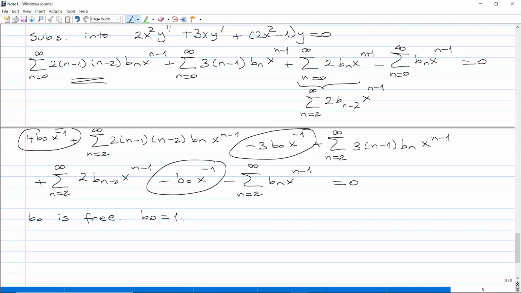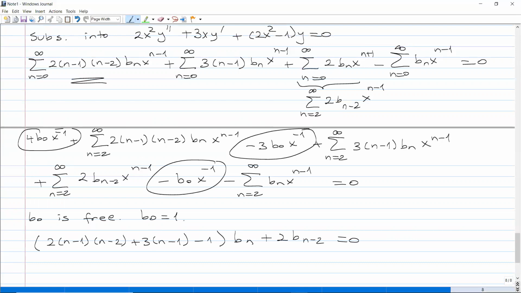Now, when you collect the terms in the other series, the coefficient of x to the power n minus 1 becomes 2(n minus 1)(n minus 2) bn plus 3(n minus 1) bn minus bn, and then we have 2 bn minus 2.